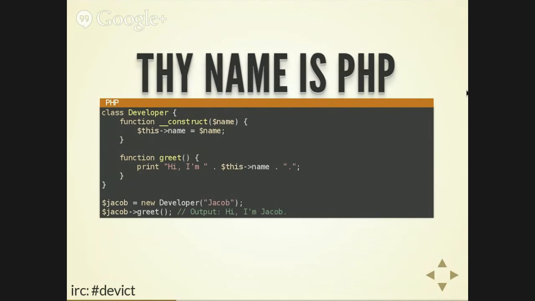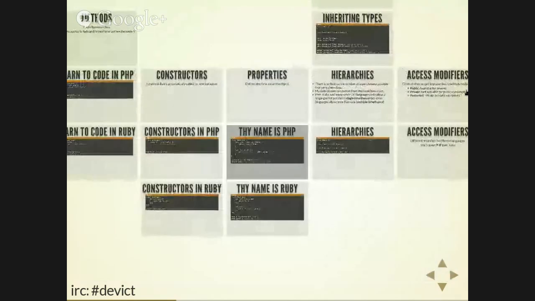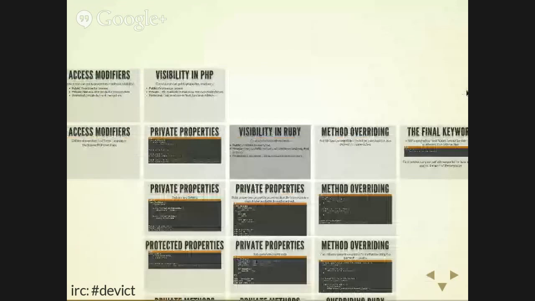Properties should always be declared and given an explicit access modifier. Because PHP is a loosely typed language, this is okay, as in the compiler won't throw a fit about it. But it would be much better if somewhere up here, where these typically come at the top, there was a line that said public name, declaring that I have a property called name and it's public. We might come back to that slide.